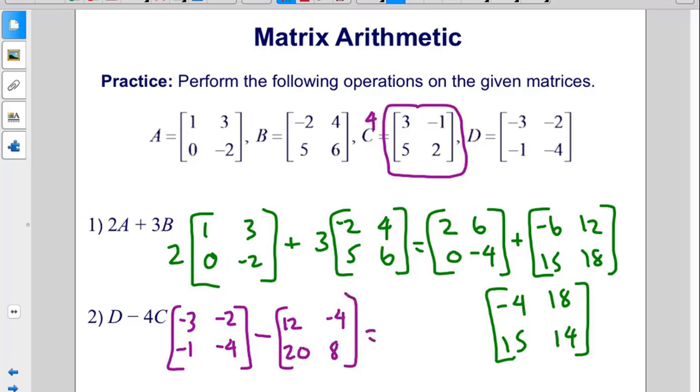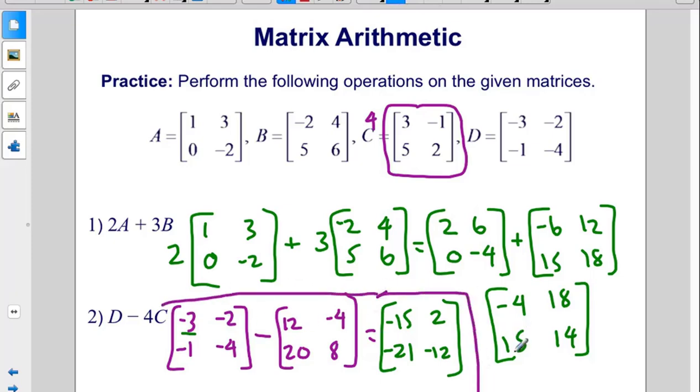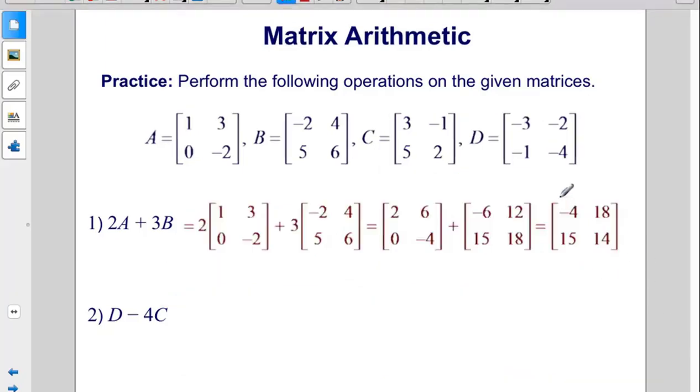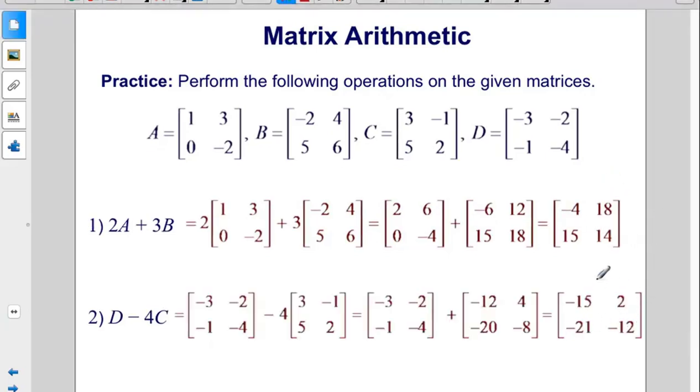All right, so now negative 3 minus 12 is negative 15, negative 1 minus 20 is negative 21, negative 2 minus negative 4 is going to be negative 2 plus 4, which is positive 2, and negative 4 minus 8 is negative 12. So here's the answer for part 2, and there is the answer for question 1. All right, there's our solution for question 1 and for question 2.